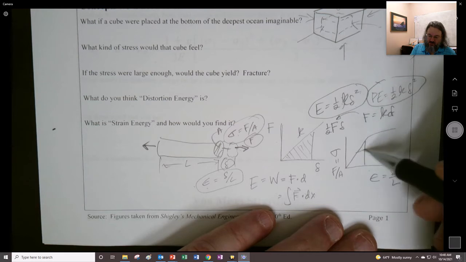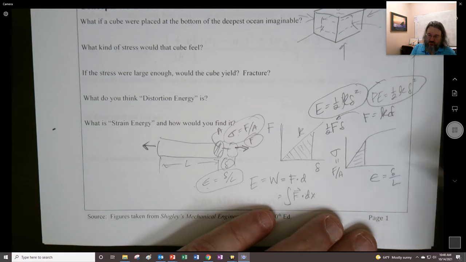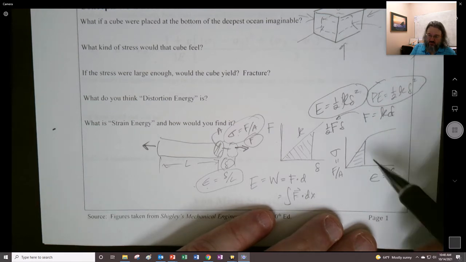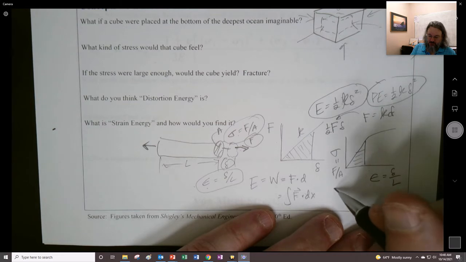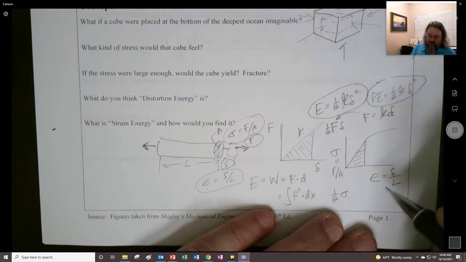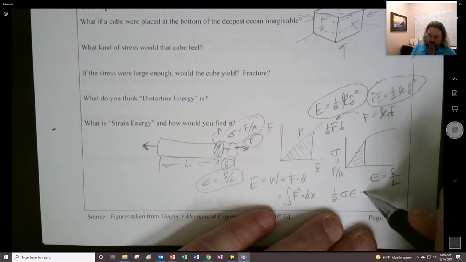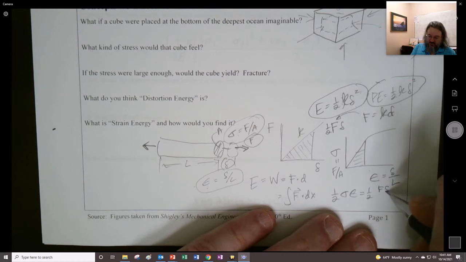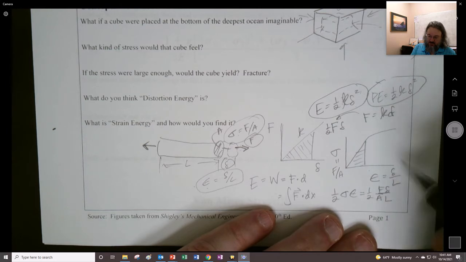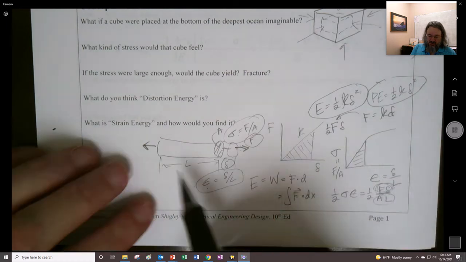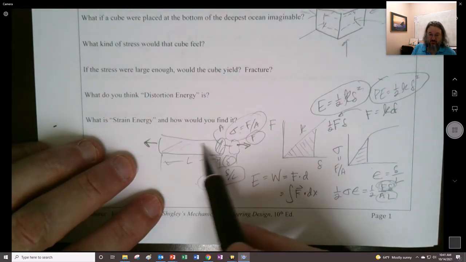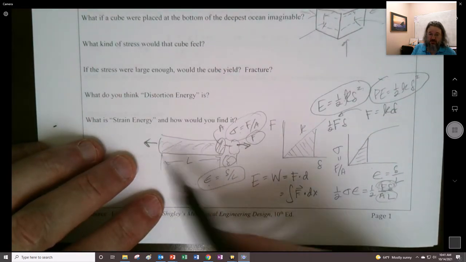So the energy that's below this thing right here would be like 1/2 stress times strain, which would be 1/2 force times del over A times L right there, right? So we have energy, and this right here would be just the volume, right? That would be the volume of this piece.